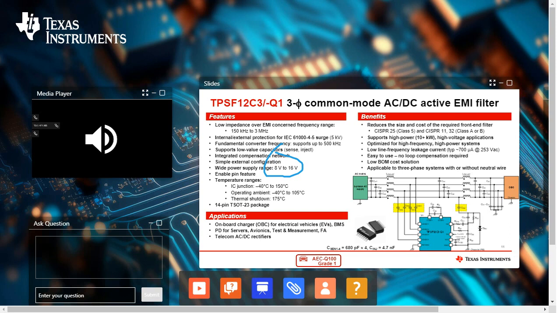The interface of the IC to the high voltage line is through the appropriately rated Y capacitors, highlighted in yellow in the application diagram. The IC junction temperature is rated from minus 40 degrees Celsius to 150 degrees Celsius, enabling an operating ambient of minus 40 to 105.